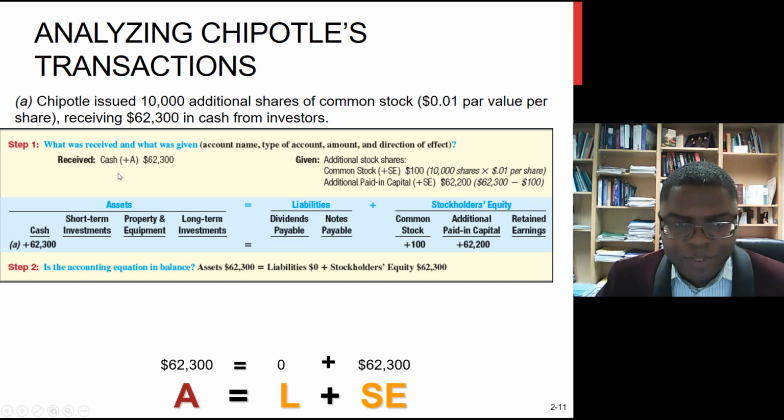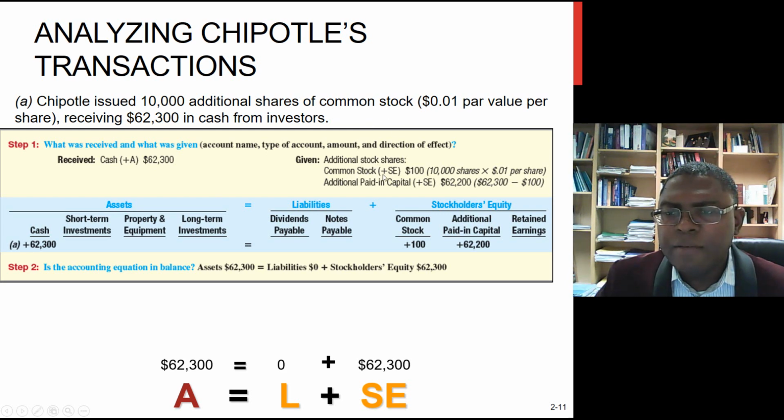So what is being received? Cash is an asset account. So asset is increasing by $62,300.